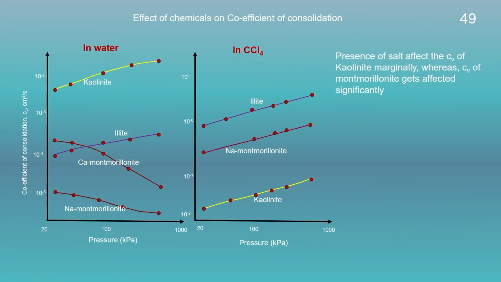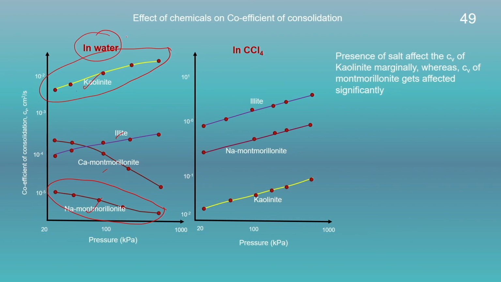Now, if we look into the effect of different pore fluid on the coefficient of consolidation, here this is in presence of water for kaolinite, montmorillonite and illite. In water, the kaolinite will have a higher value of coefficient of consolidation in comparison to the sodium montmorillonite, whereas sodium montmorillonite will have the least value of the coefficient of consolidation.